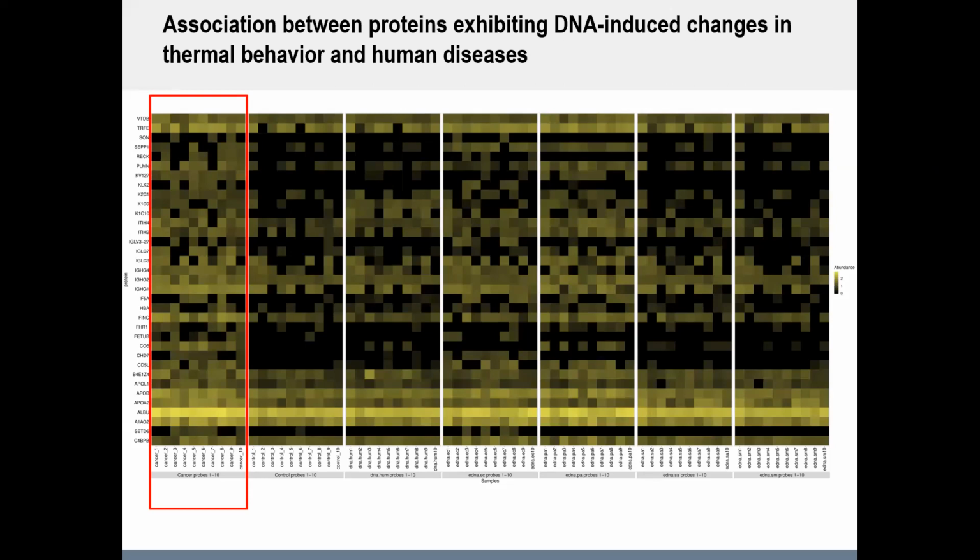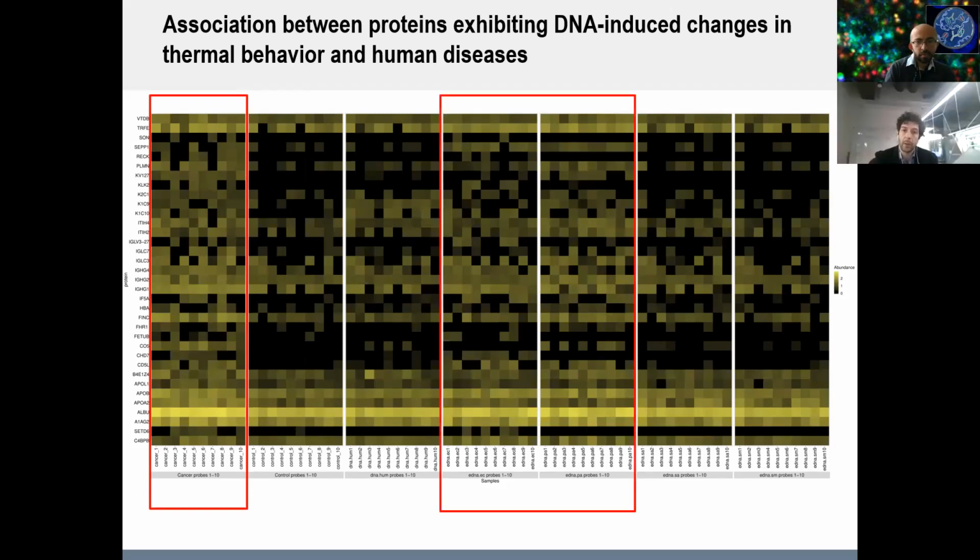The remaining part is the blood plasma of healthy volunteers treated with different types of DNA. And here we go. You can see that following the treatment with extracellular DNA from E. coli or from Pseudomonas aeruginosa, the heat map becomes much more similar to that of pancreatic cancer.